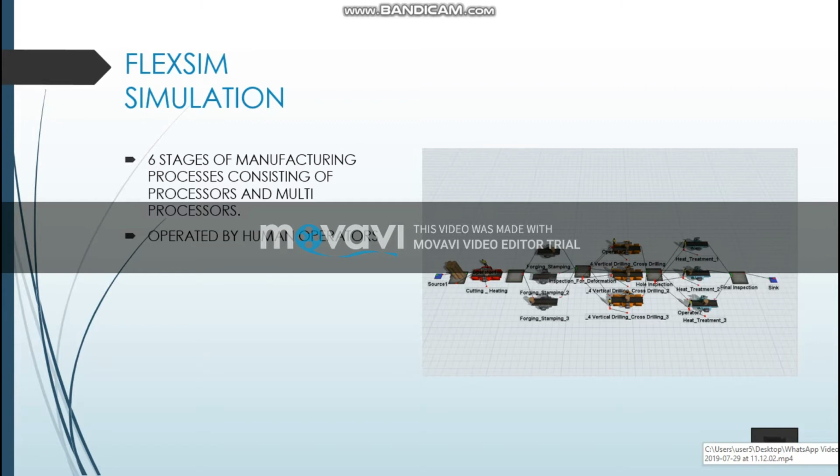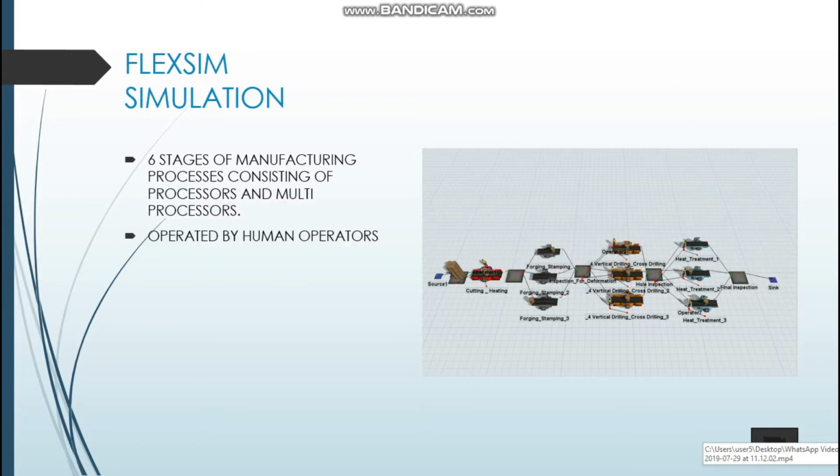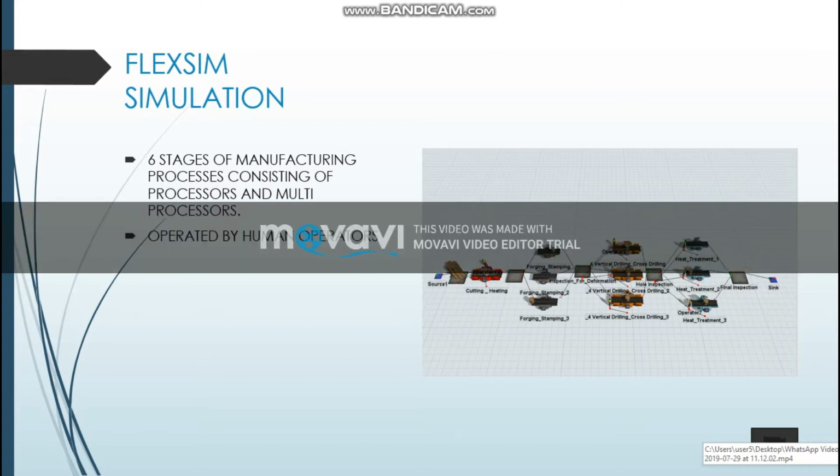Then after the drilling occurs, we do a hole inspection before passing the products through heat treatment. After heat treatment is done, the final inspection is done and the flanges are ready to be shipped. And here is a video of our simulation that we've done.